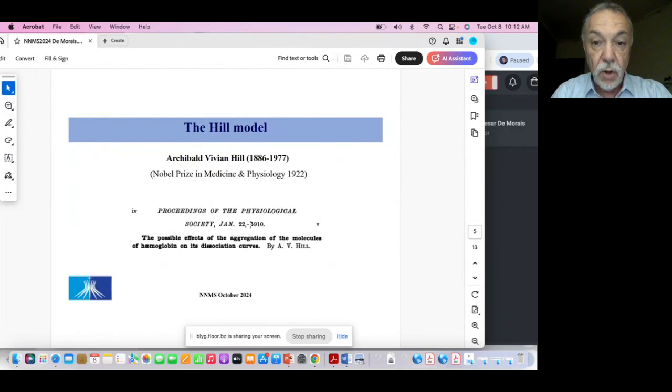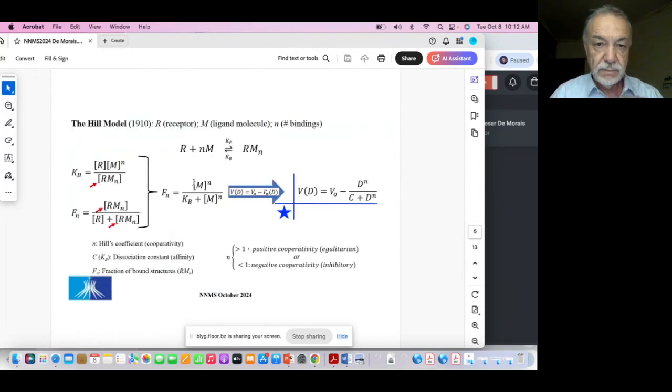And it is interesting, the paper was published in 1910, and only 12 years later, Archibald Vivian Hill received the Nobel Prize in Medicine and Physiology. So this paper has been used for more than 100 years, very successfully in many, many cases.